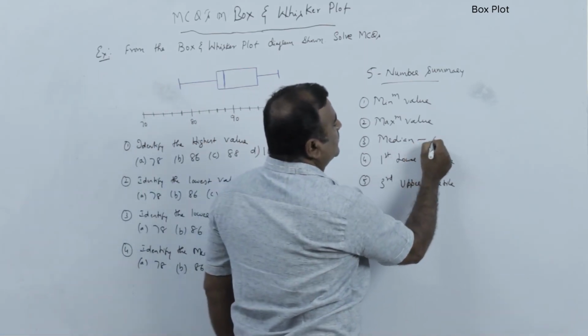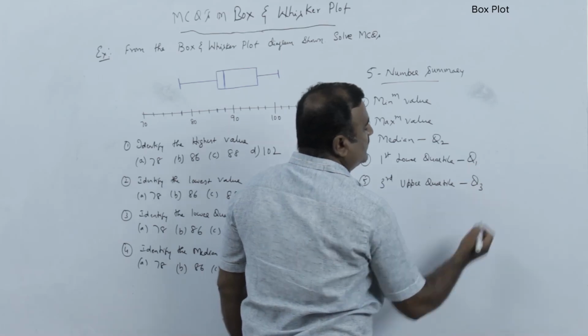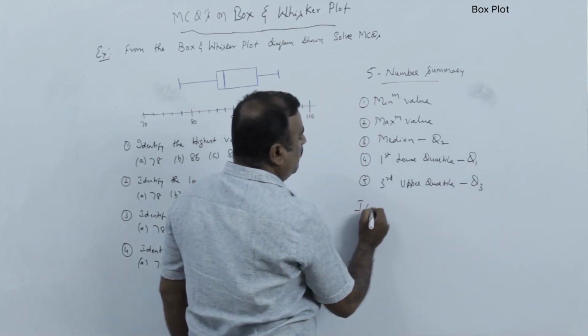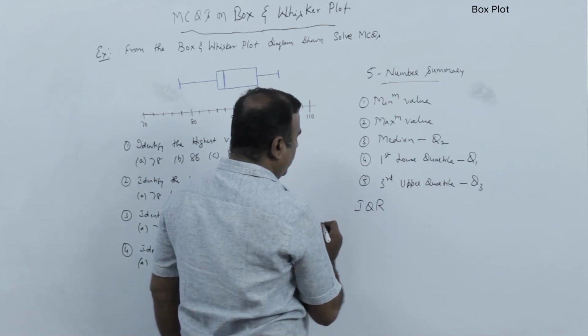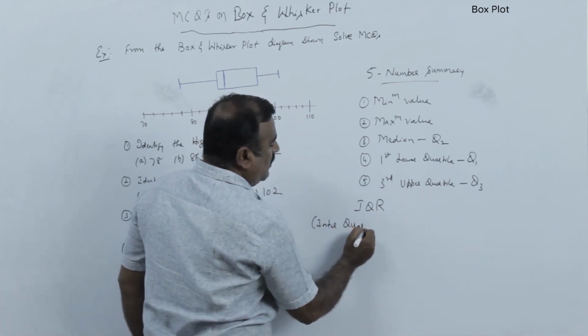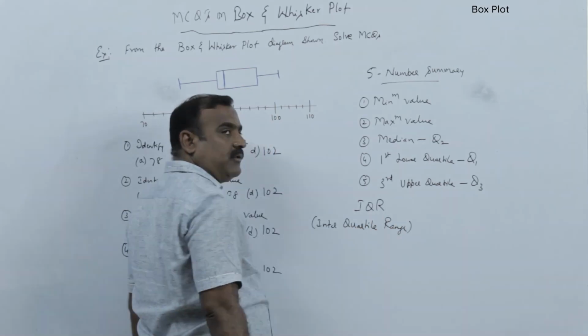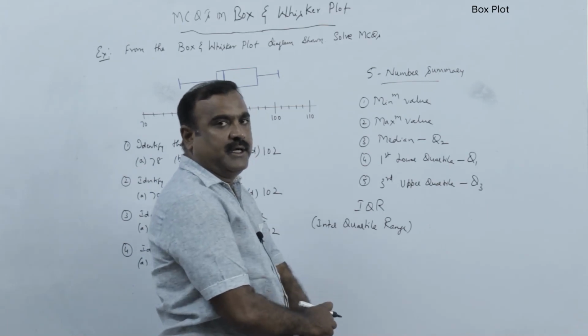So median is Q2, we are going to mention. This is Q1 and this is Q3. And we also discussed what IQR is. IQR is nothing but the interquartile range. In detail, you are going to study this quartile range in the third unit.